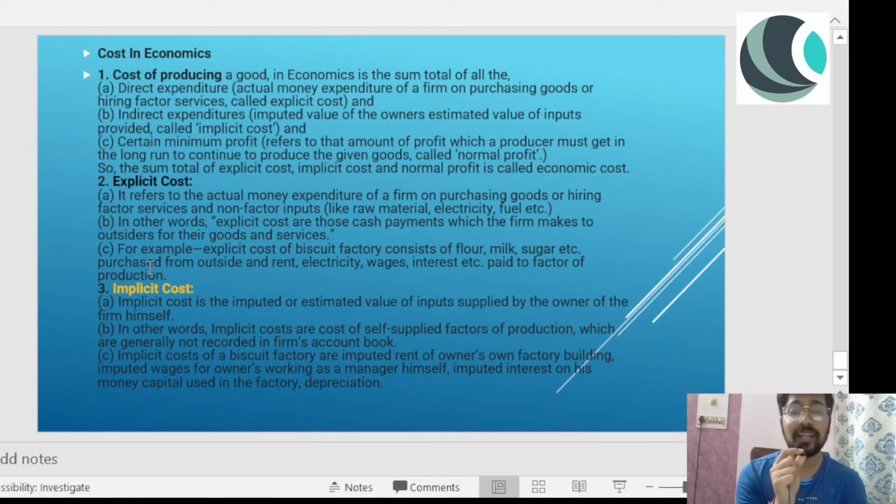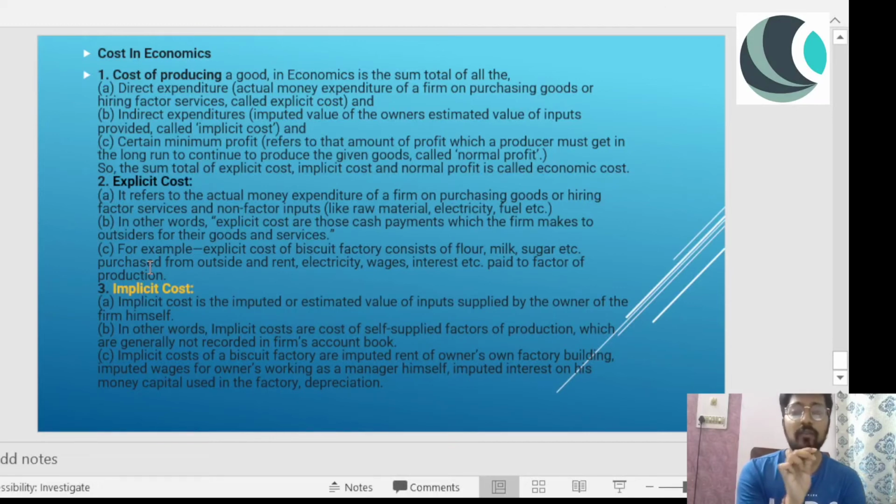I am paying someone outside of the firm. For example, the explicit cost of a biscuit factory consists of flour, milk, sugar, etc. purchased from outside, and rent, electricity, wages, and interest paid to the factors of production. So this will come under the category of explicit cost.